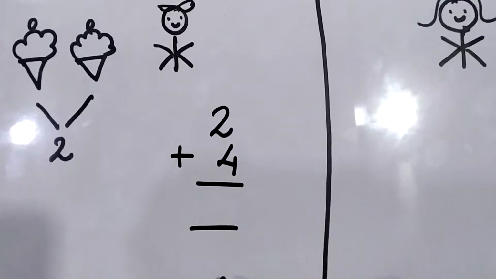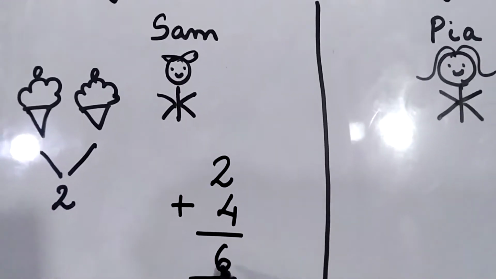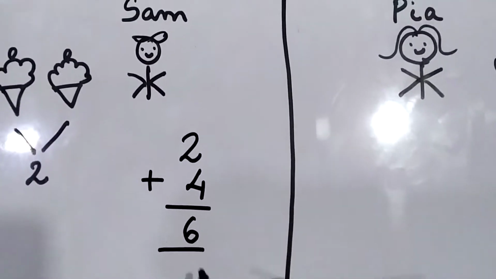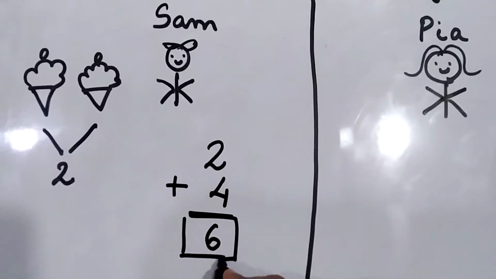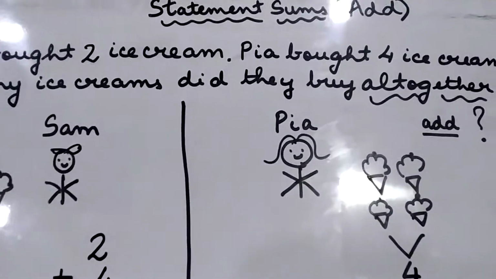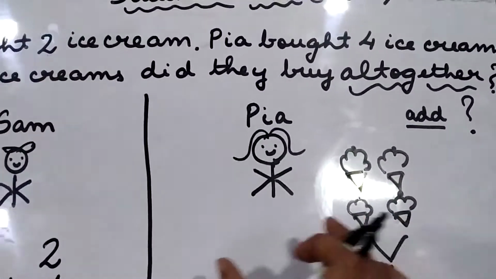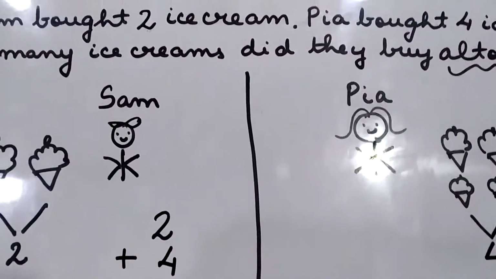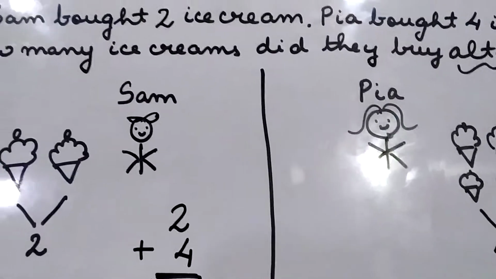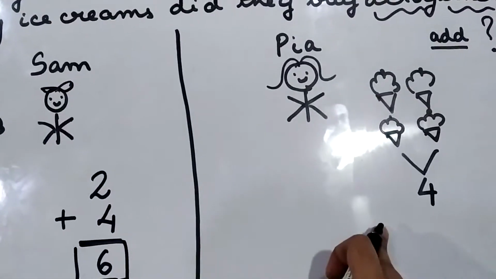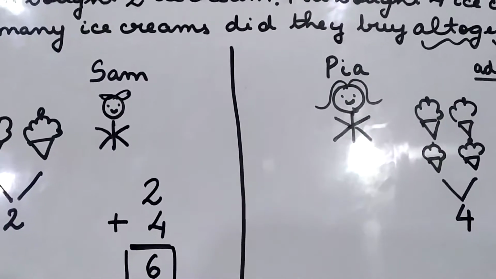So what is 2 plus 4? It is 6. So altogether they have bought 6 ice creams, because you need to find out how many ice creams Sam and Pia had together. So together when we calculate 2 plus 4, the total number of ice creams will be 6.